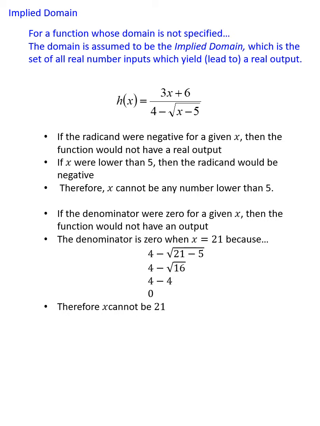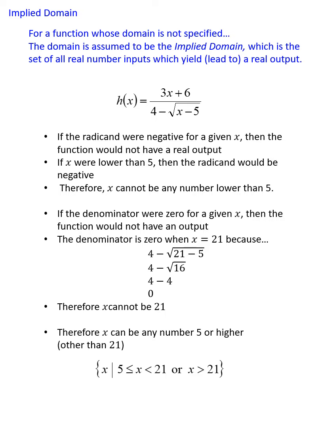So, after coming to the conclusion that x can't be 21, but also having prior come to the conclusion that x must be 5 or higher, my overall conclusion is that x can be any number 5 or higher except for 21. So there's two ways I could write that.